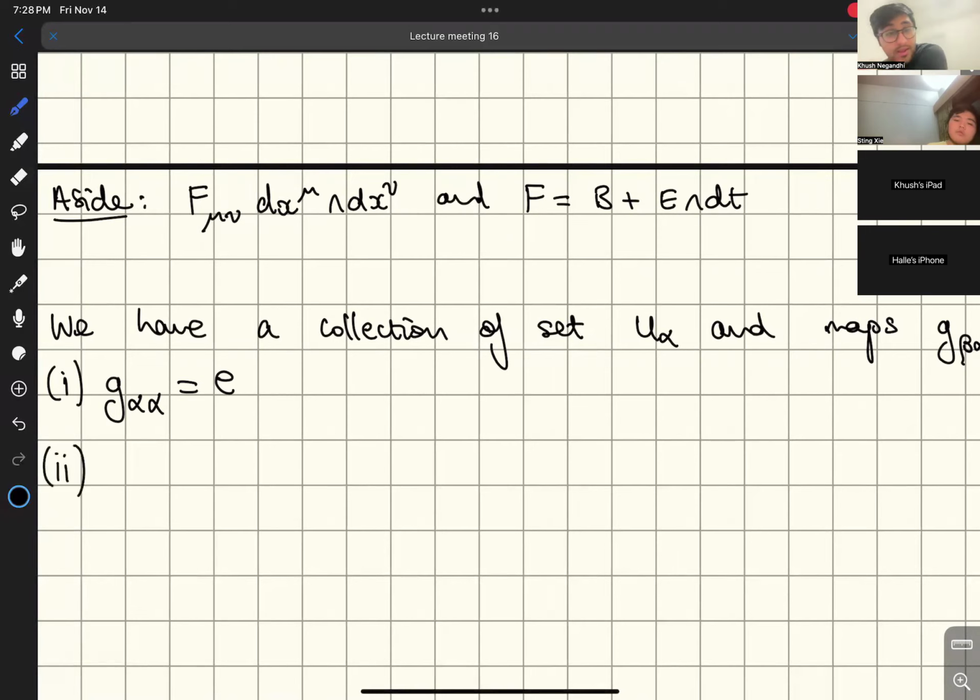Second, the inverse of the map G beta alpha has to be G alpha beta.